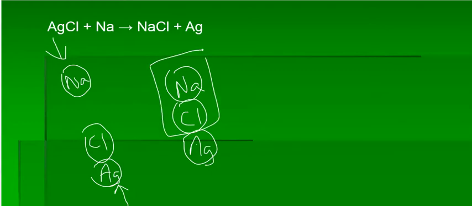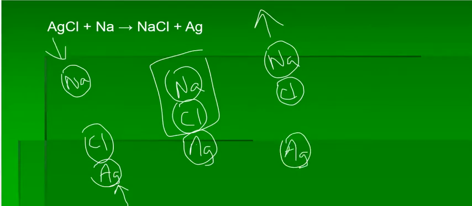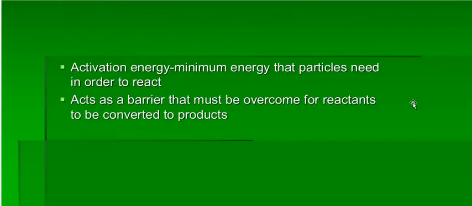So if they have enough kinetic energy when they hit, and they are hitting at the proper angles, they produce the products that I desire, which are NaCl and silver. So this is an effective collision. It produces the desired products. So two conditions: enough kinetic energy and proper orientation when they hit.